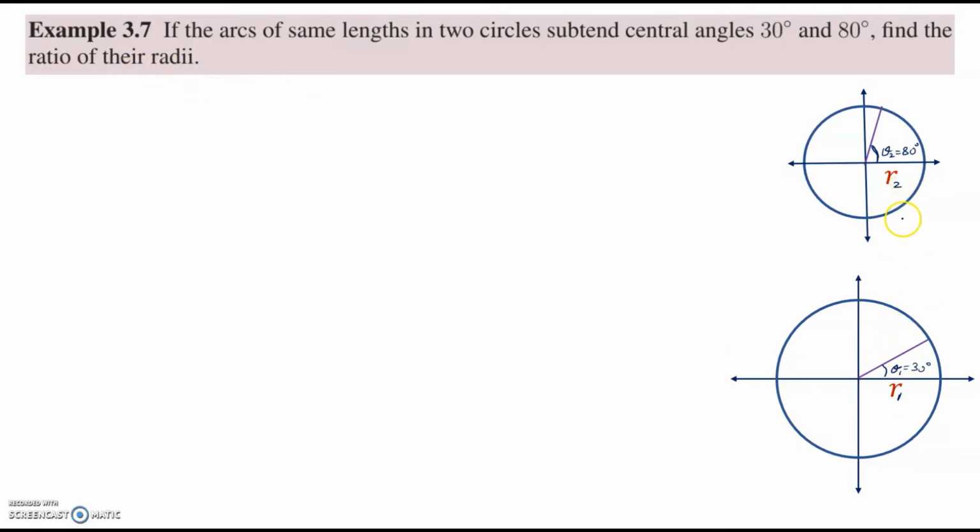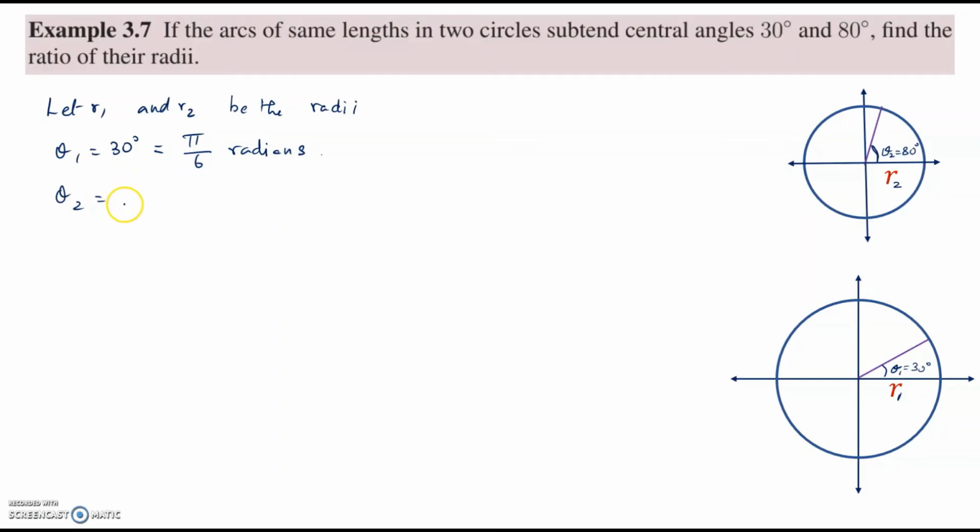Okay, so let R1 and R2 be the radii. Then let theta 1 be equal to 30 degrees. So this will be 30 degrees, we know, is pi by 6 radians.